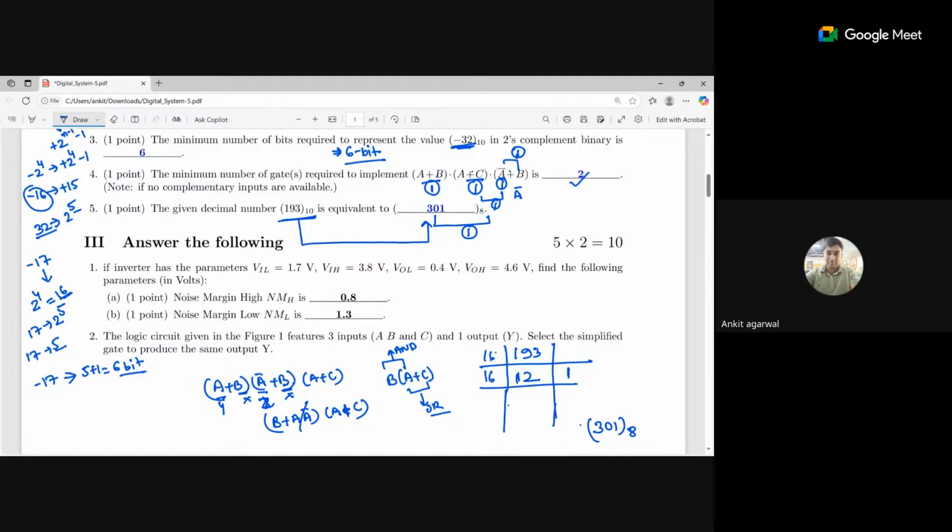Now you can see 12 is less than 16, so no further division is possible. So the number is 12, which I can write as A for 10, B for 11, and C for 12. So the answer is C1 in base 16. And in a similar way we can convert it to a binary number.